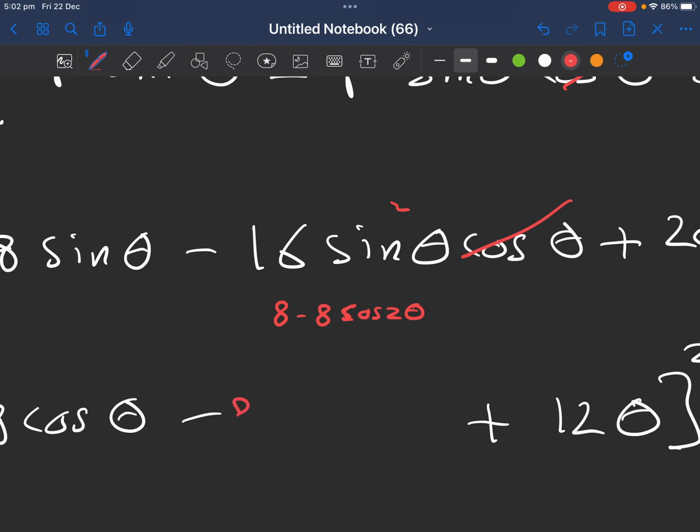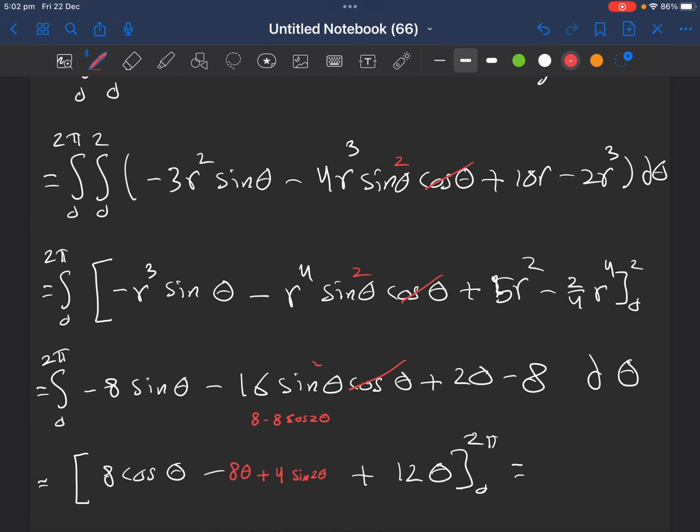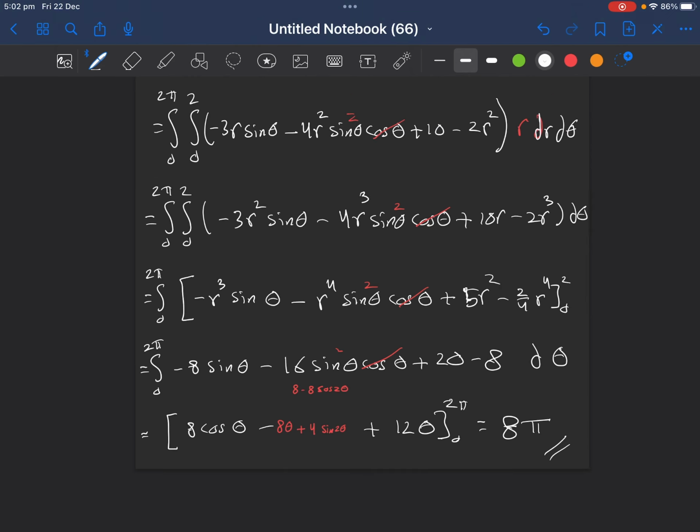So it will change into 8 theta plus sine 2 theta, and here 4. Now if we do this one, what we are going to get, 12 minus 4, so it will be just 8 pi. And that's the answer for the first one.